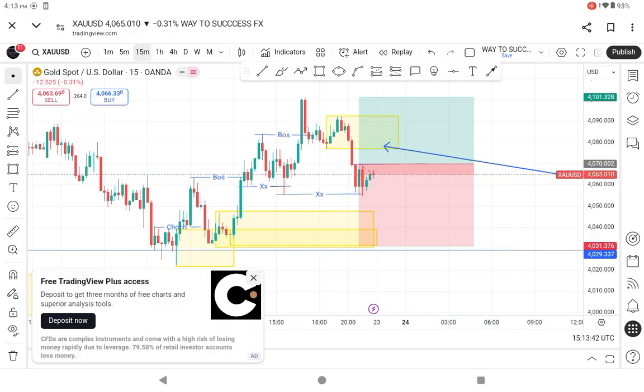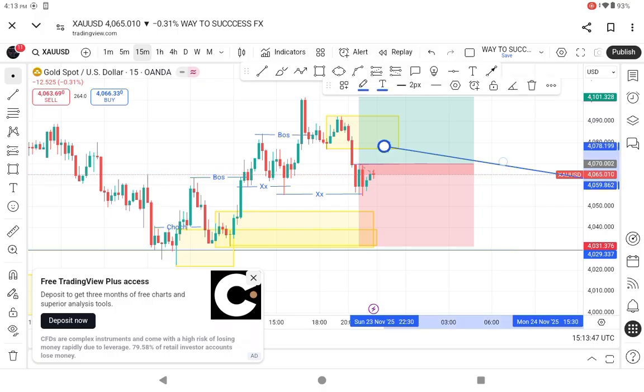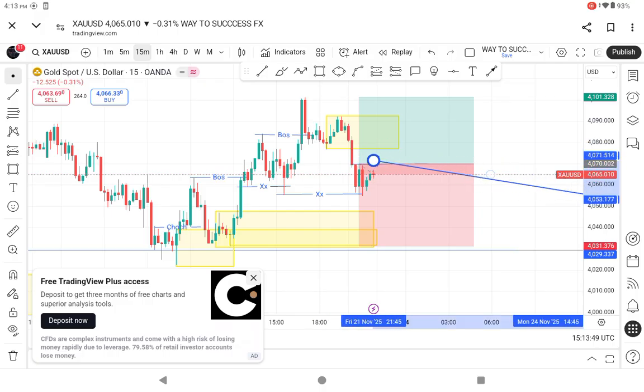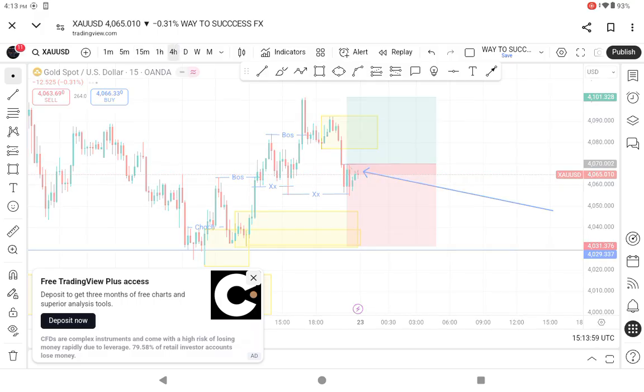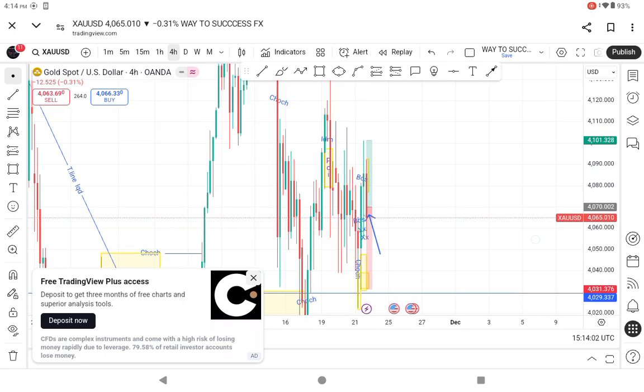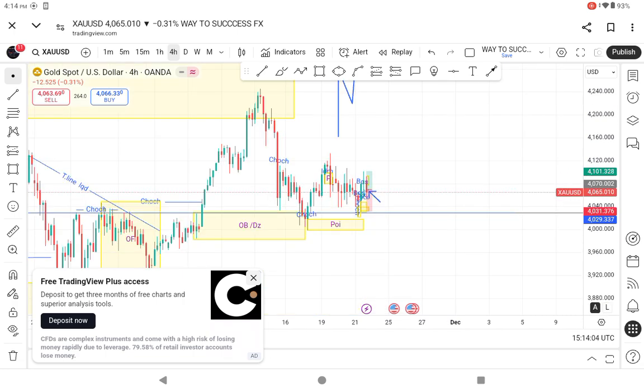So when the market opens now, I am going to be looking for my buy at this level, just the way I've put in my buy position here. And my first target is going to be this high.